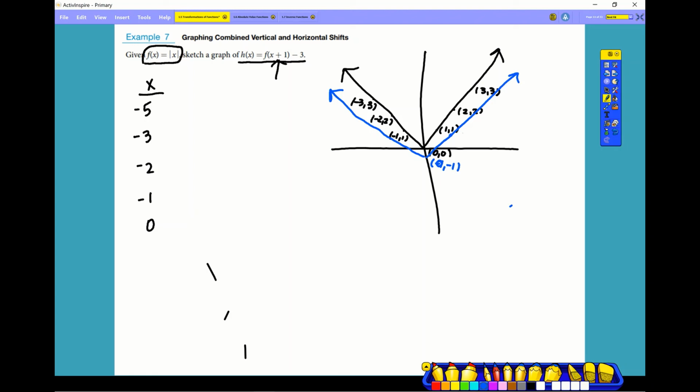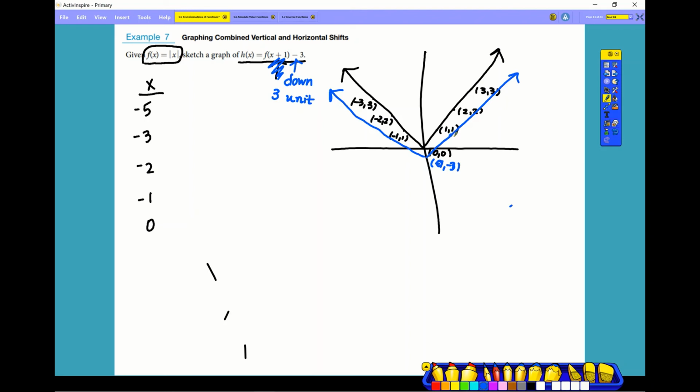I'm bringing it down 3 units. So this could be -3. And do pay special attention when you do these things, because when you start mixing and combining them, it can get very confusing. So we're going to take it down 3 units first.